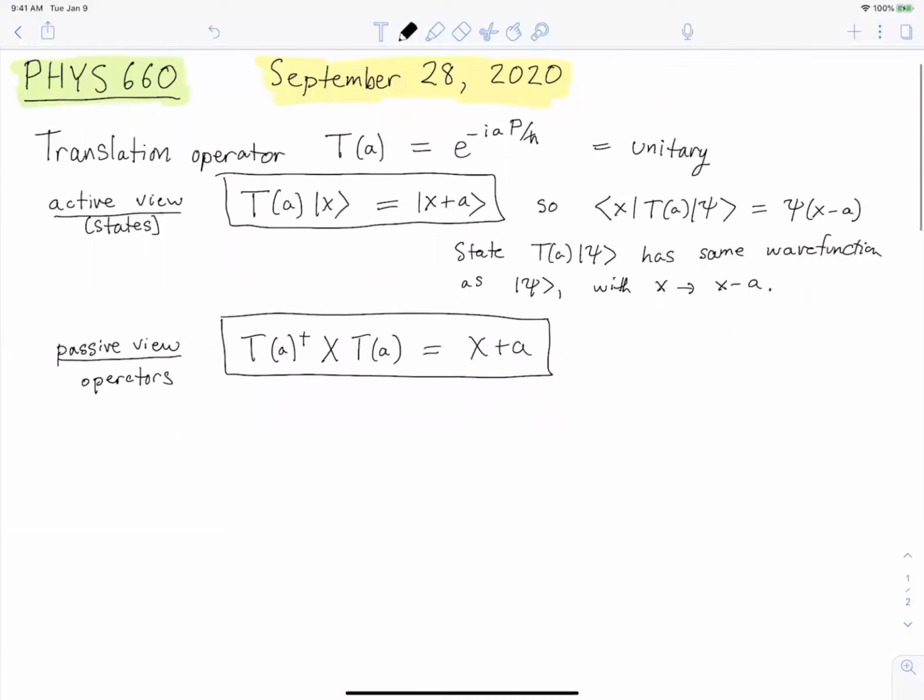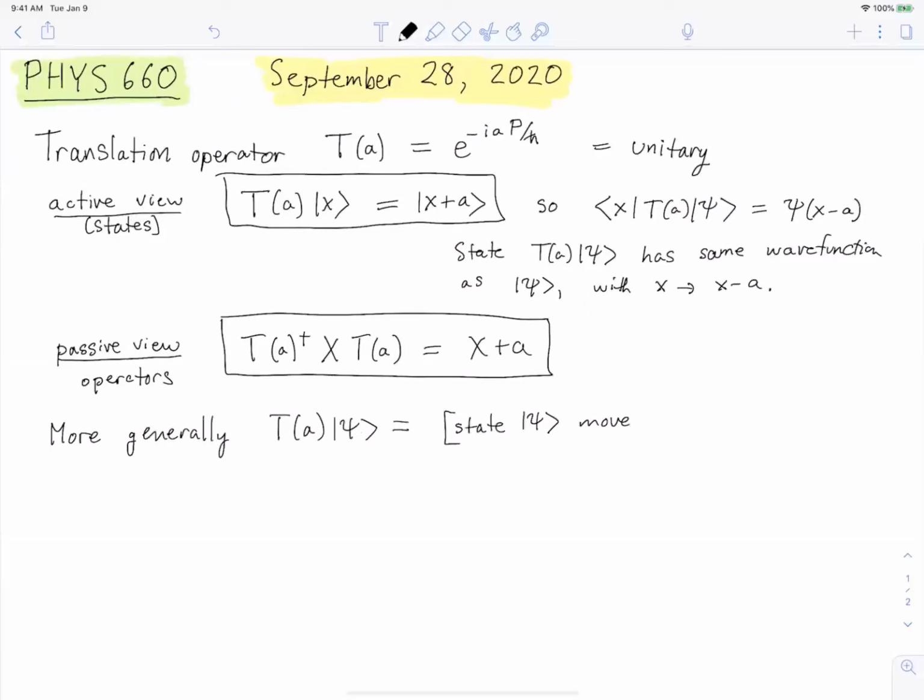Okay, more generally than just talking about position eigenstates, you can say what it does to any state. So T_a acting on any state, in words, and I'll put this in brackets to mean this is a verbal description, is the state psi moved to the right by a.